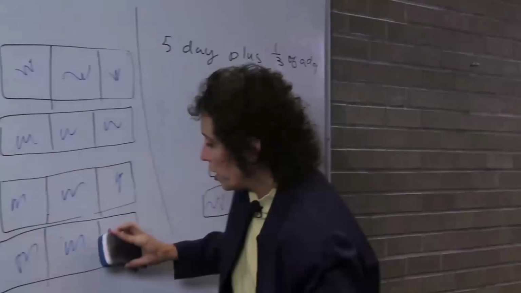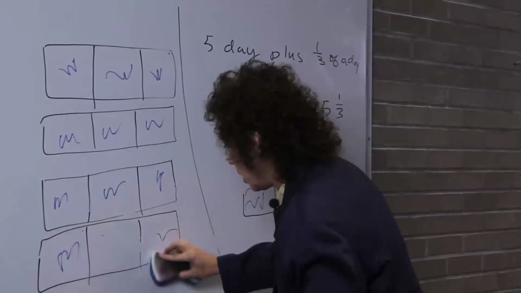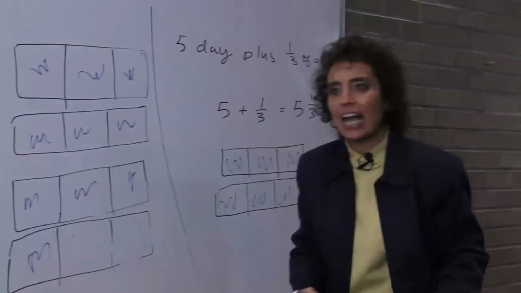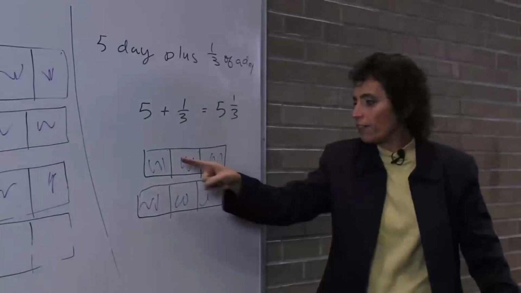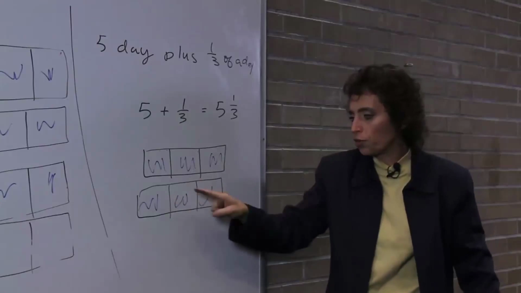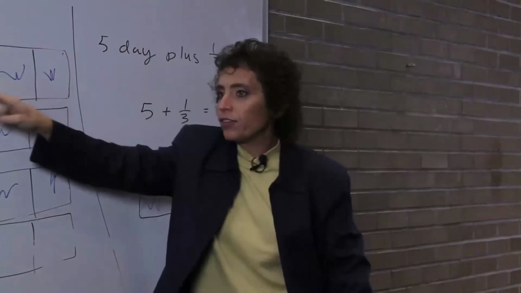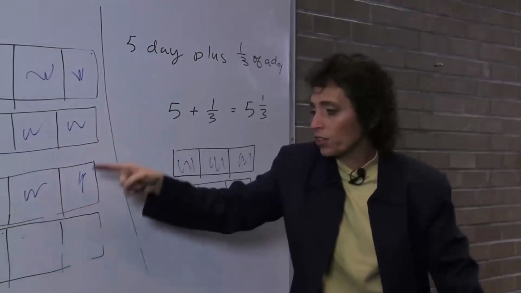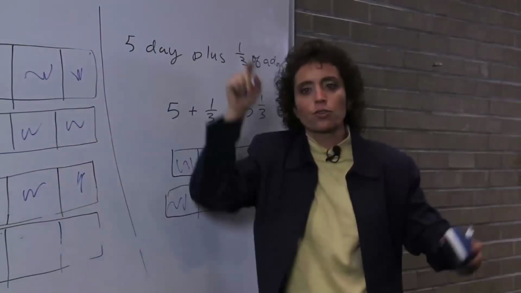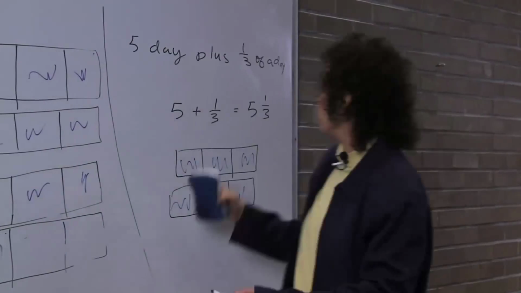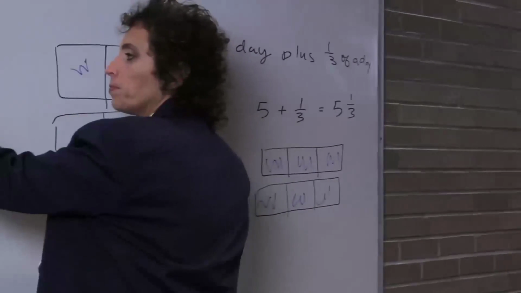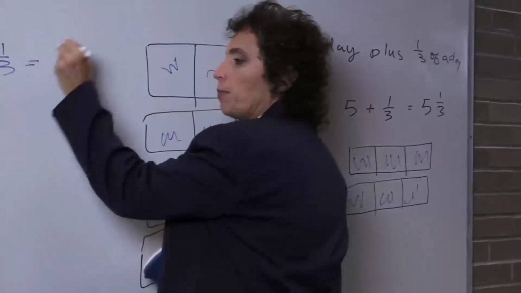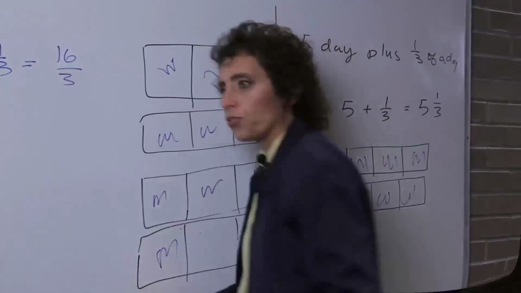I went shading crazy. Okay. Now let's count up the thirds. So I have 1/3, 2/3, 3/3, 4/3, 5/3, 6/3, 7/3, 8/3, 9/3, 10/3, 11/3, 12/3, 13/3, 14/3, 15/3, 16/3. So I know 5 1/3 is the same as 16/3.